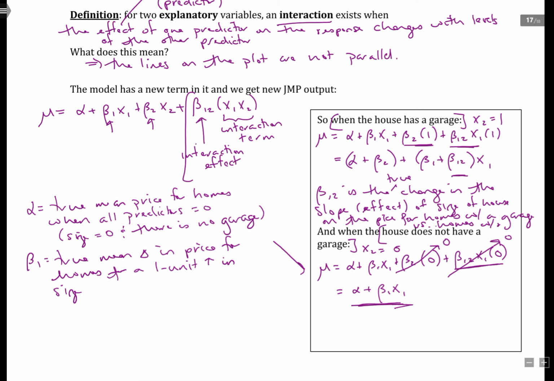We see beta 1 alone when there is no x2 in the model, when there is no garage. So that is when x2 equals 0. That is how, when there is no garage, this is our reference group. So again, whatever category has all zeros, that makes it our reference group.